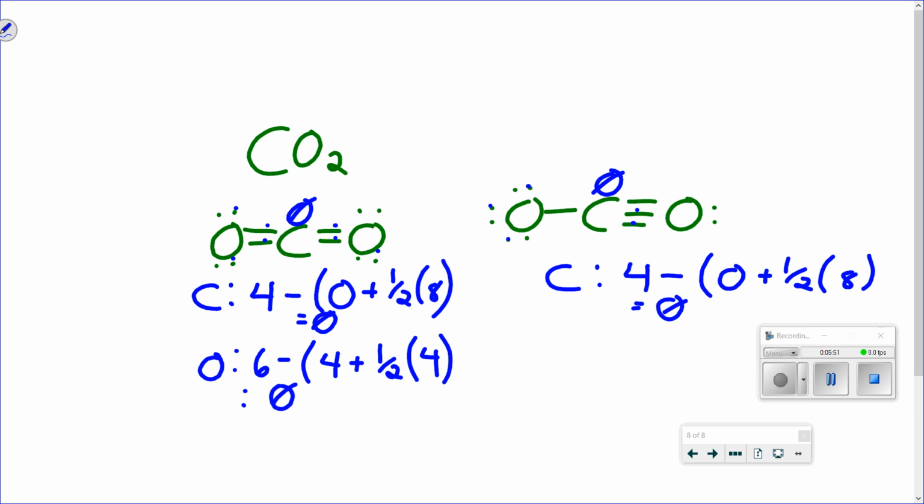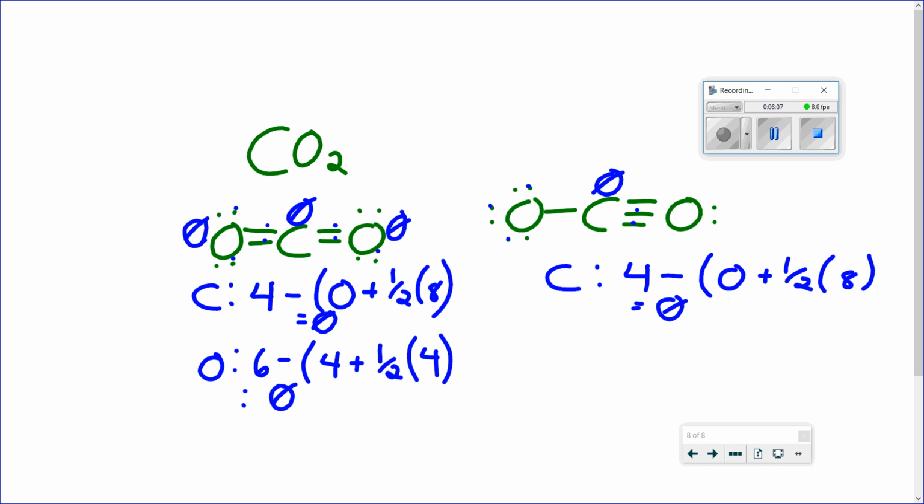So that oxygen is going to be 0. Very valid Lewis structure because my overall formal charges add up to 0. However, over here, you're going to see something different. The single bonded oxygen is going to come in with 6 minus 6 plus 1/2 of 2. That's going to give you a -1.